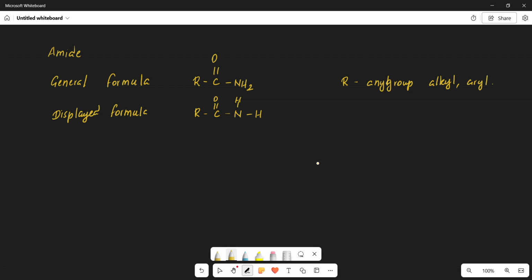So let me take a methyl group. This is a methyl group. So if I have this amide, the displayed formula of this amide will be showing all the bonds. This is a displayed formula of amide.